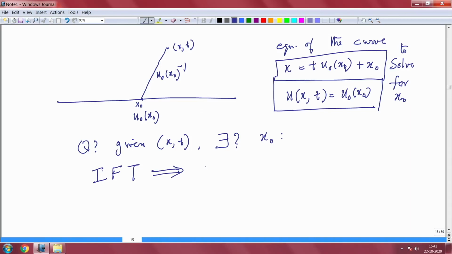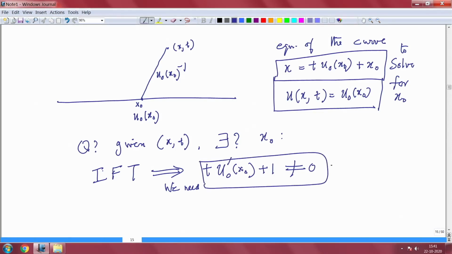So, this implies we need t u naught of x naught, its prime, plus 1 should not be equal to 0. This is the derivative of t u naught of x naught plus x naught. If this is not 0, that implies x naught can be solved uniquely, can be solved locally in a unique fashion.